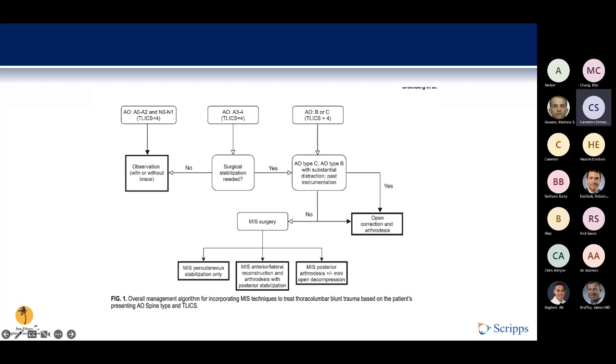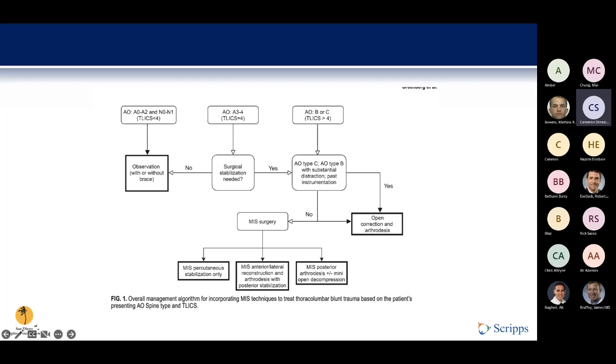The first one here is just general. If you have a TLICS less than 4, or an AO classification of 0 to 2, and your neurologic status is N0 or 1, it's observation with or without a brace, that's your preference. The TLICS 4s, which is the AO 3 to 4, you follow to ask whether surgical stabilization is needed, and we'll go to the next slides and talk about that.